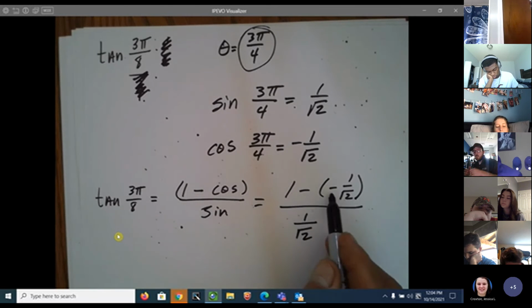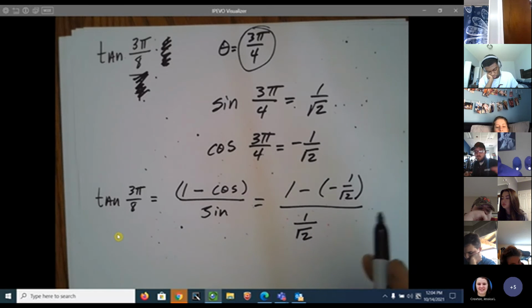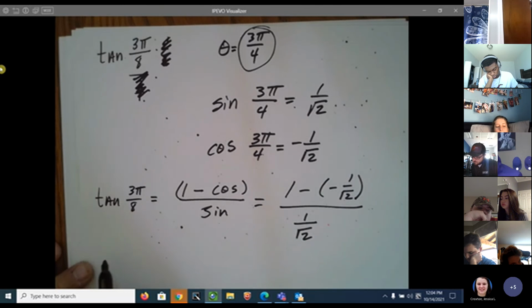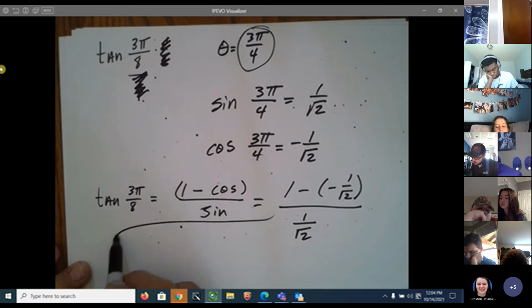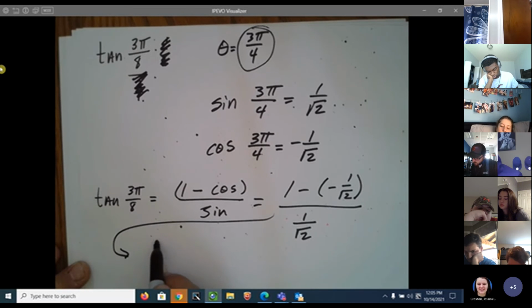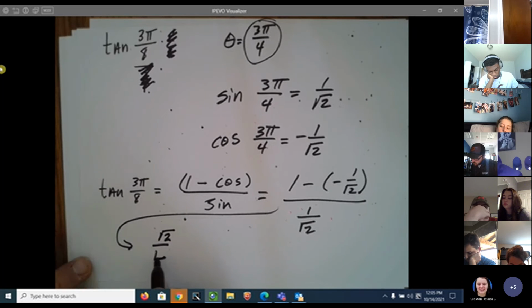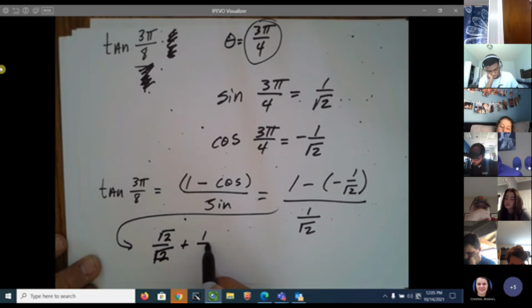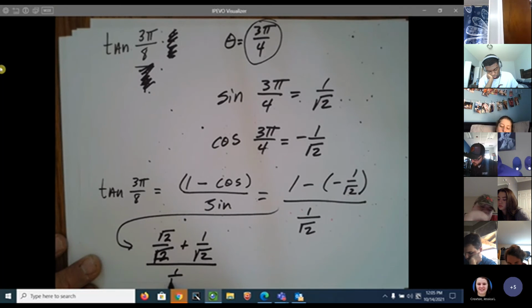So that's going to be 1 plus, I get a common denominator. Square root of 2 over the square root of 2 plus 1 over the square root of 2, over 1 over the square root of 2.